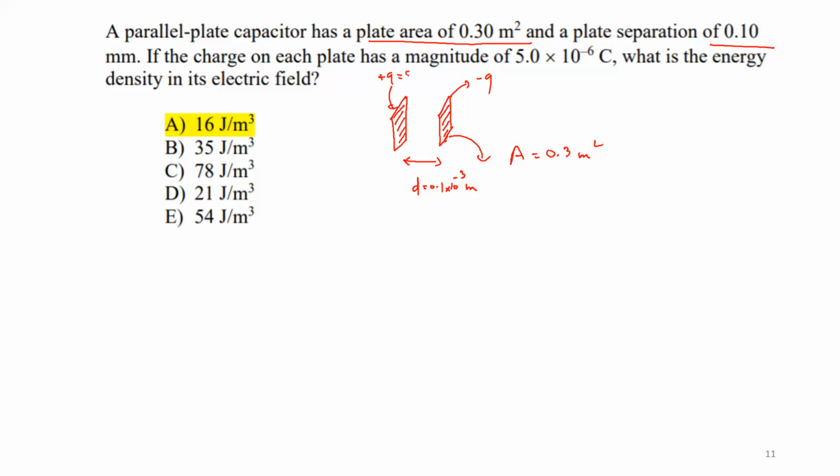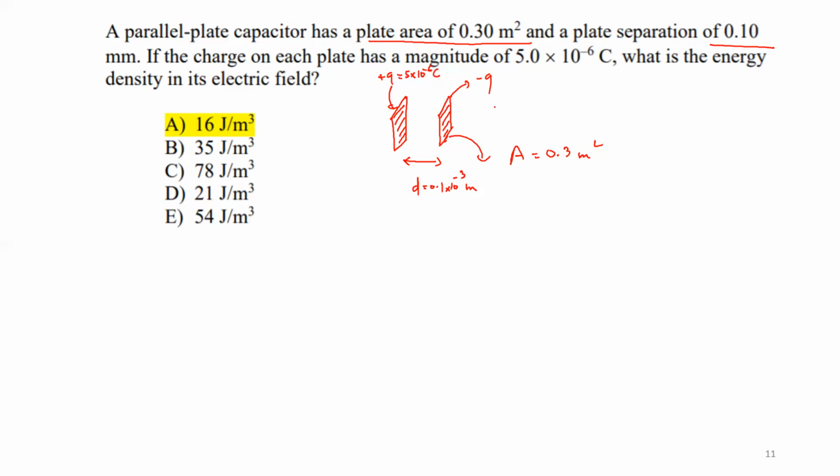Q is just 5 microcoulomb, or basically 5 10 to the power minus 6 coulomb. Okay, so here, of course, you notice the significant figures, okay? Two significant figures, so I want my final answer in two significant figures. You know that already, so I'm not insisting on the number of significant figures. But in the exam, okay, you follow the rules.